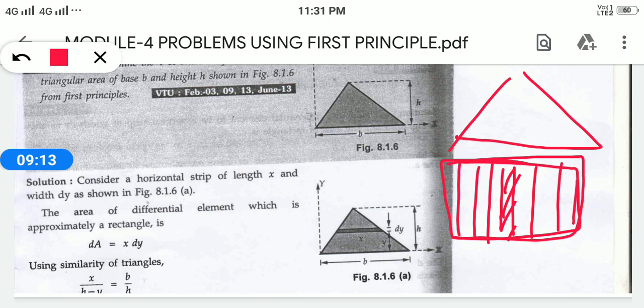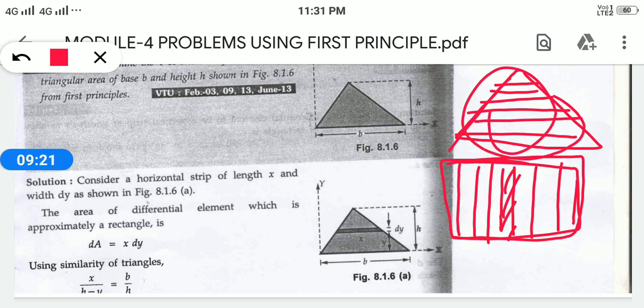This is your triangle element. I am considering a stripe here so that I can take it at any point over here and find the total. So the same concept I am going to adopt here. This is your principle. I am taking the element here. That element distance I am considering as x, and the element height I am considering as dy.